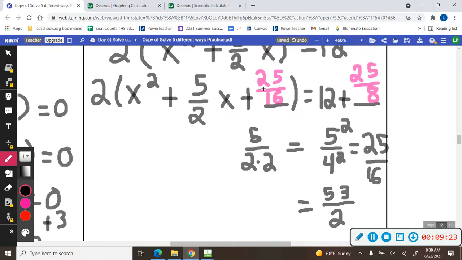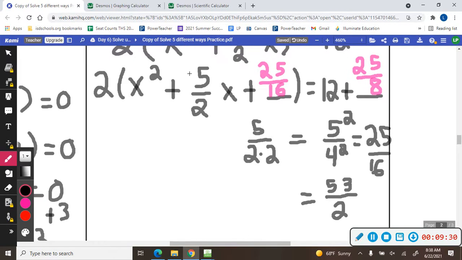And then what multiplies to 25/16 but adds to 5/2? That would be 5/4 and 5/4.